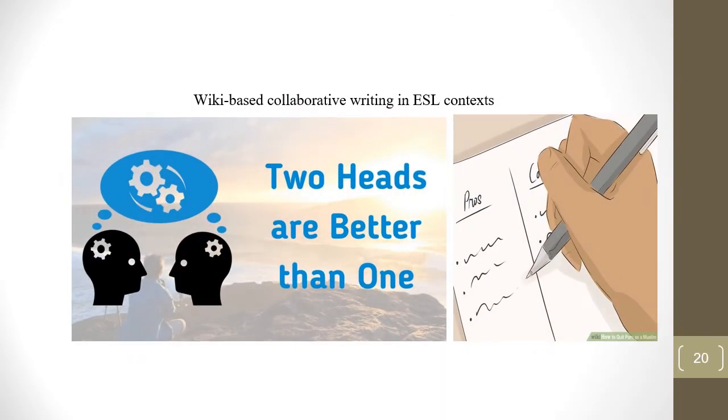So this is the point where I end this theoretical background and literature review. So web-based collaborative writing in a second language context is important, and it has been investigated widely, and this presentation reinforces the prior claims, and it also reinforces that two heads are better than one when it comes to writing collaboratively.